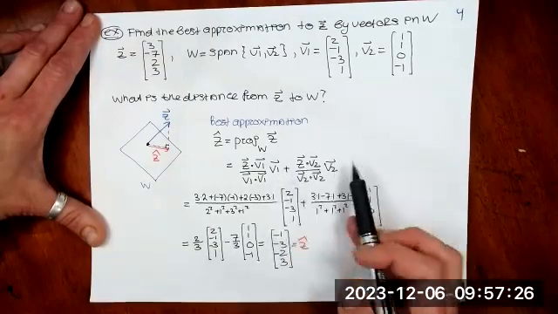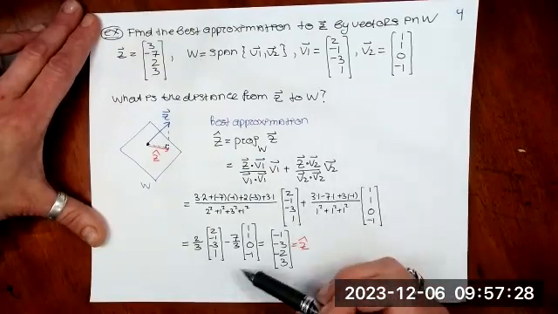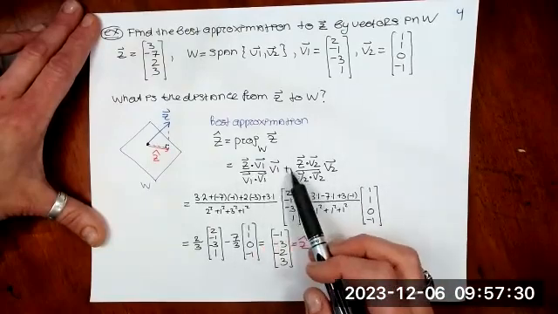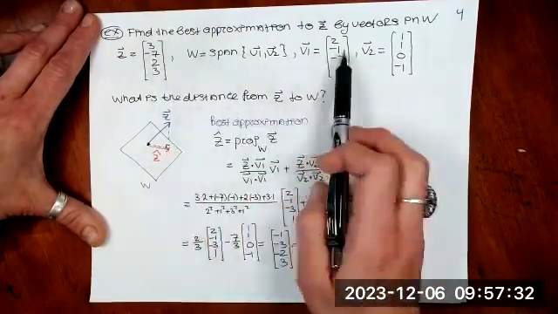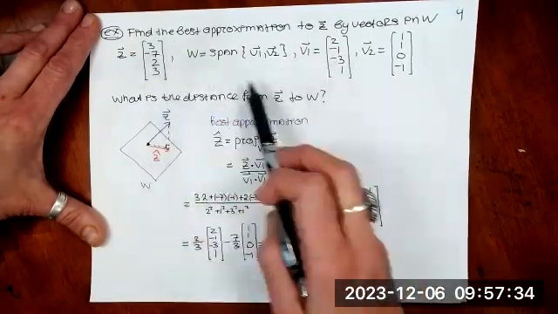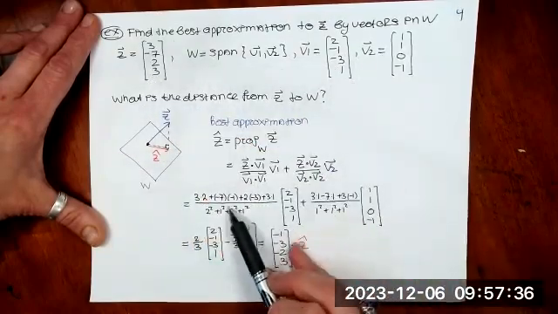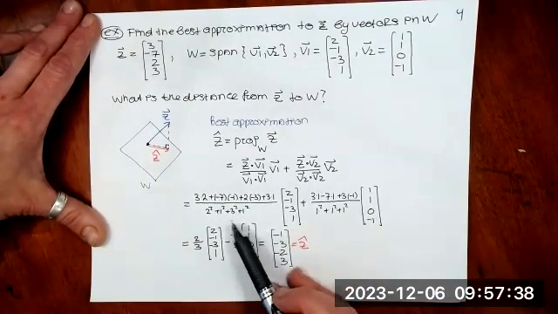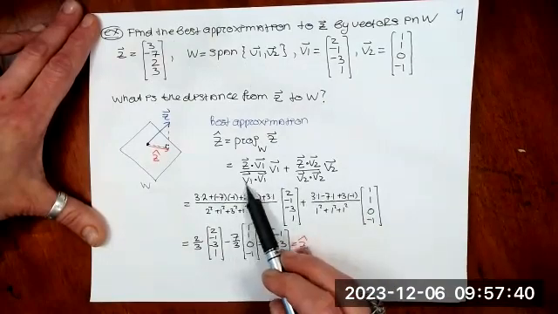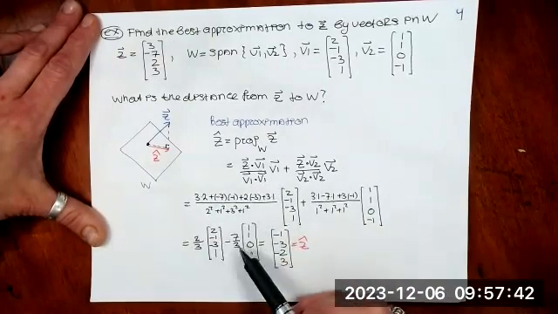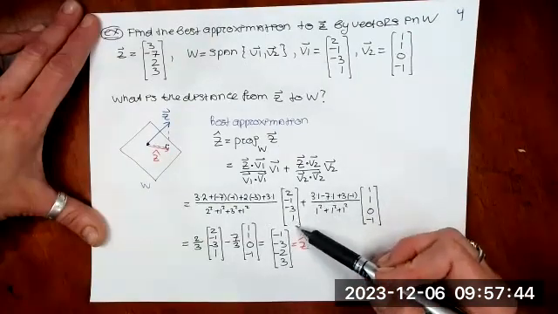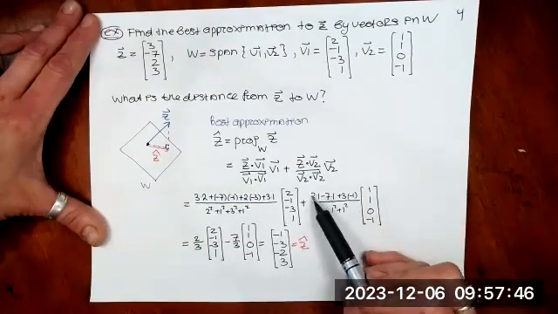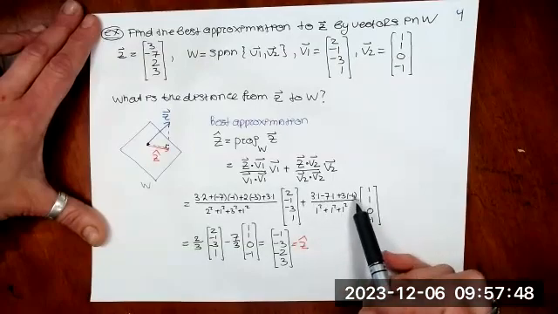And then I just use the formula, then I just plug in numbers, right? So Z dot V1, I have 3 times 2, minus 7 times 1, 2 times minus 3, 3 times 1, right? So just computing your dot products. V1 dot V1 over here, dot product. This is my vector V1, right? So this is my Z dot V2.